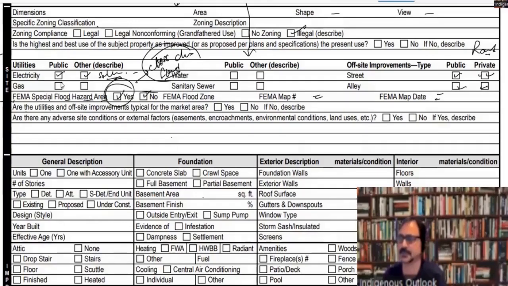Are the utilities of the offsite improvement typical for the market area? That is what I was trying to define. If it says yes, that is fine. If they say no, this property is using different electricity from everyone, then they are going to describe why. They might say they have invested in the solar panel, which is creating a lot of electricity and could run without any defect for the next 5 years.